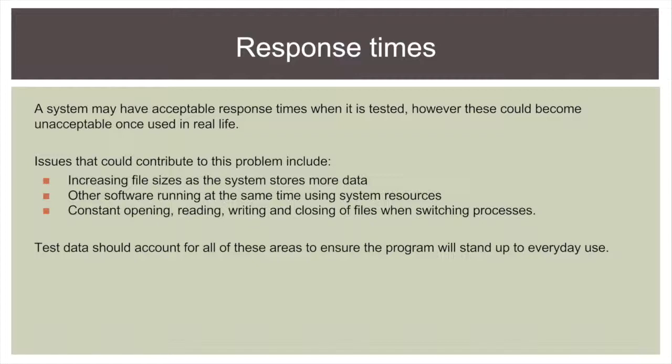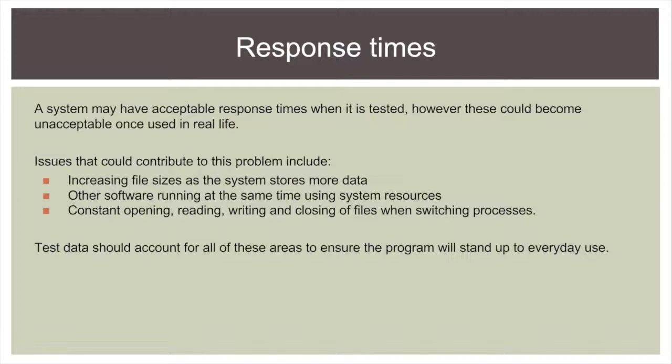Another thing you need to look at is other software running at the same time using system resources. So we test the software on a computer running by itself. We don't necessarily account for other software running at the same time. What you might find is an operation that a user needs to do will often require the use of two or more bits of software, your software being one of them.